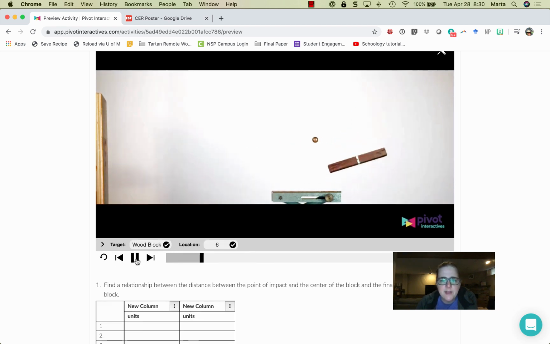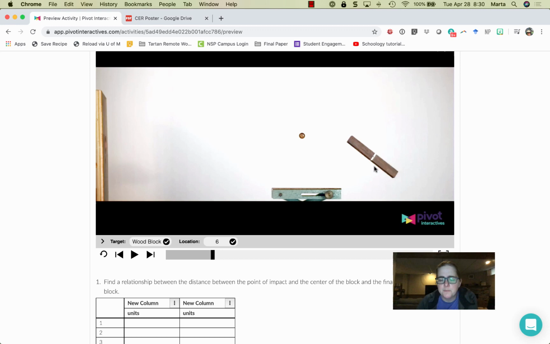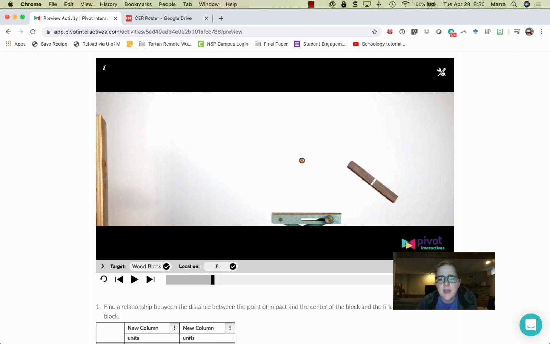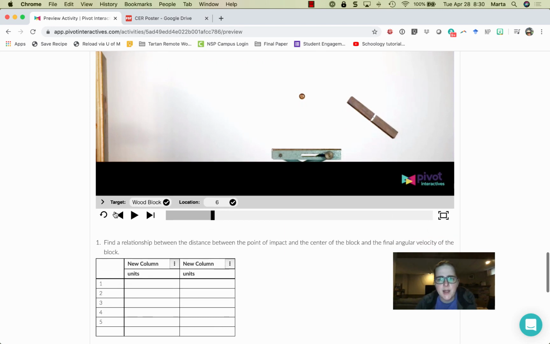Now on some of these impacts, you might notice the block rotates side to side as well as vertically. We're only going to focus on that vertical rotation, as the block spins around in that plane parallel to the screen. So we're not going to worry about the block spinning on its long axis.